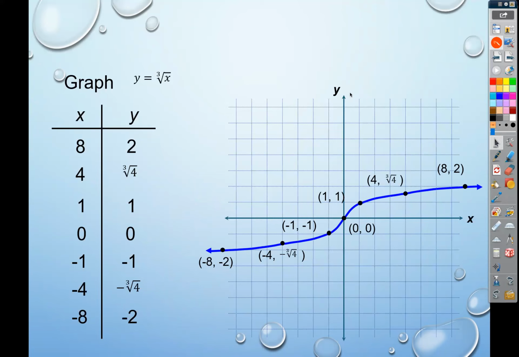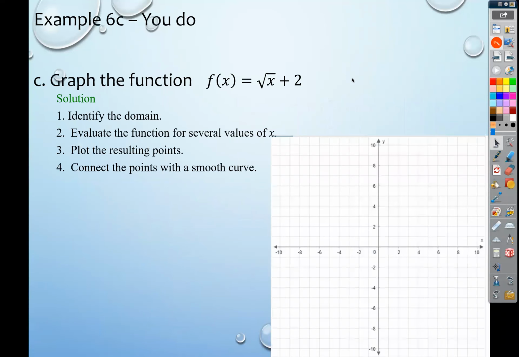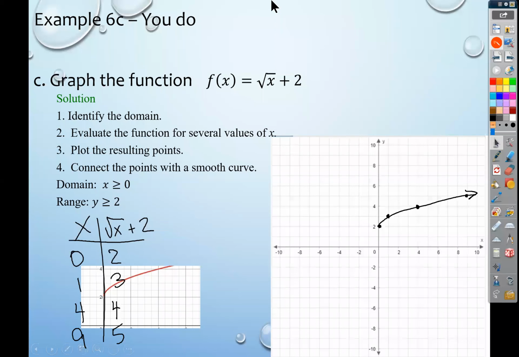So now you've seen both a square root and a cube root graph. So you try this one. Identify the domain, evaluate the function for several values of x, and then plot the resulting points. So you have to identify the domain. Okay, so you should have gotten the graph that I have up here. That's what it should look like.